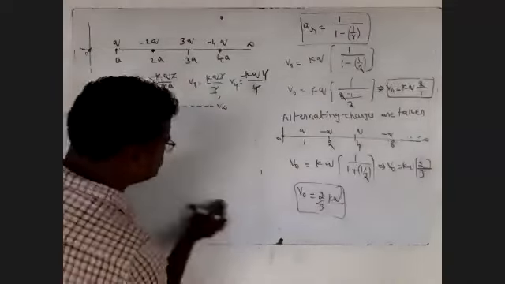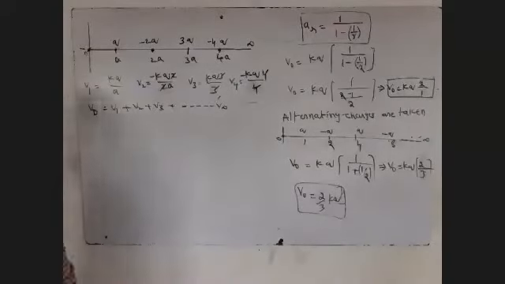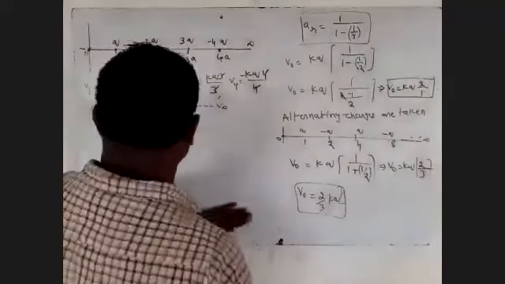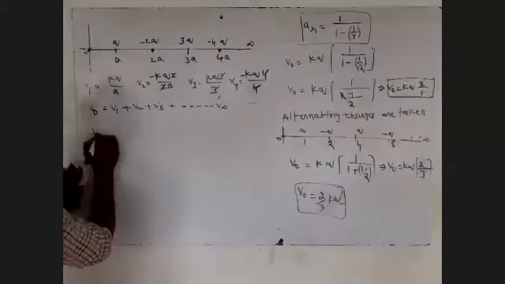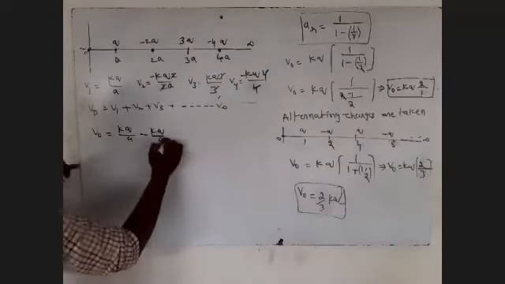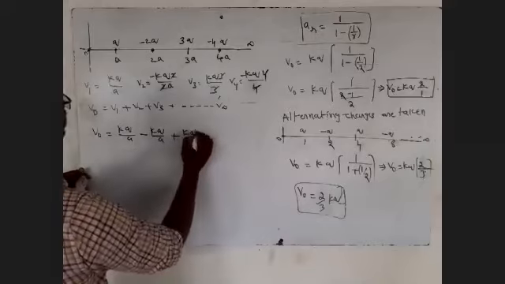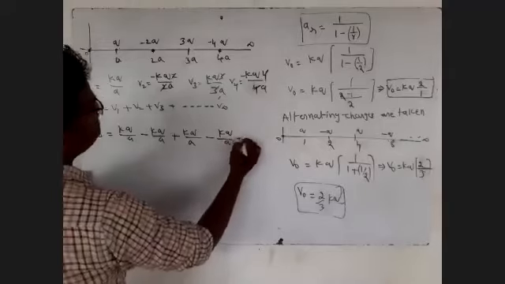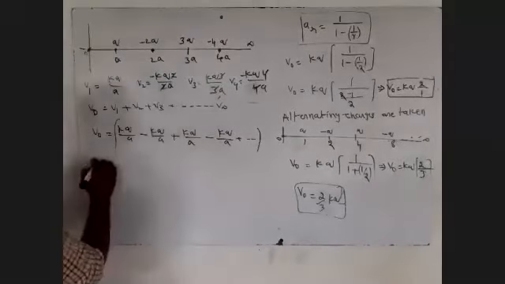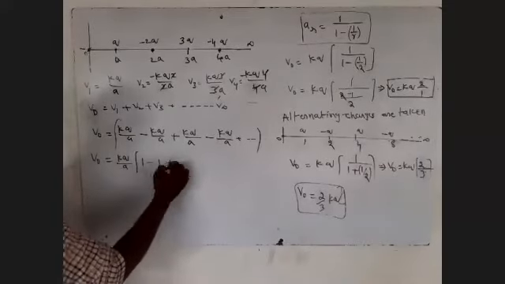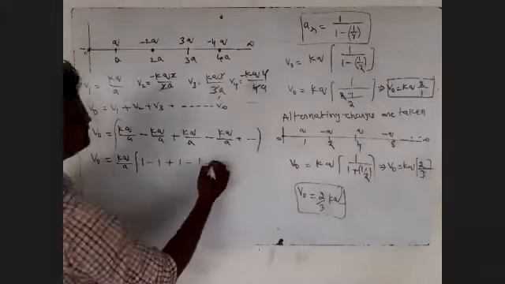Now, what are we going to write? V naught is equal to kq by a minus kq by a plus kq by a minus kq by a and so on. Taking kq by a common, we get 1 minus 1 plus 1 minus 1 plus and so on.